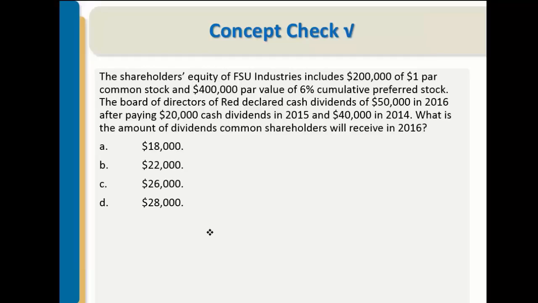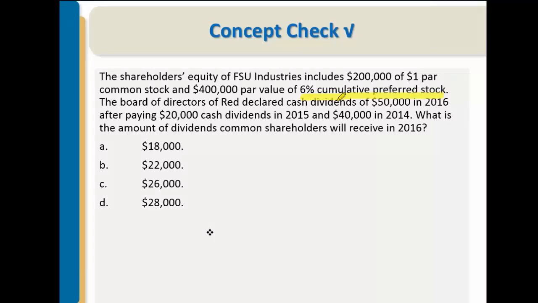Shareholder equity of FSU Industries includes $200,000 of $1 par value common stock, $400,000 par value of 6% cumulative preferred stock. So you notice the term here is cumulative.